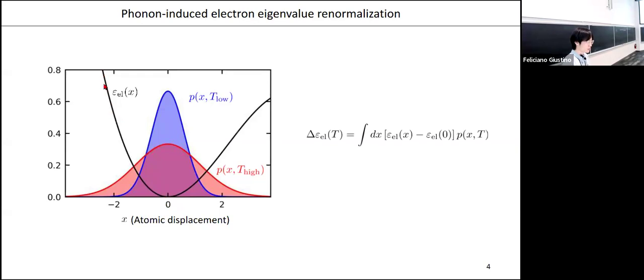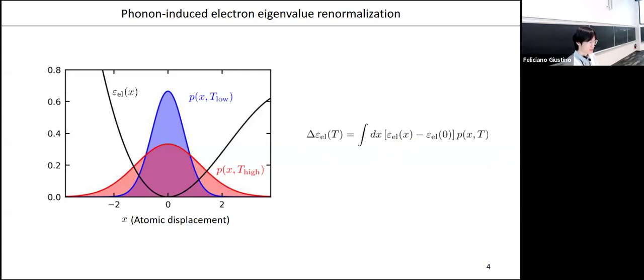But if the electron eigenvalue has a dependence on the phonon displacement, then as the temperature increases, or if you have a zero-point vibration of the phonons, the phonon distribution will spread out like these blue or red curves, and the average value of this electron eigenvalue or the electron energy would be the weighted average of this electron eigenvalue with the phonon distribution as the weight. So this is a very schematic way of understanding how phonons or the phonon fluctuation renormalize the electron eigenvalue.